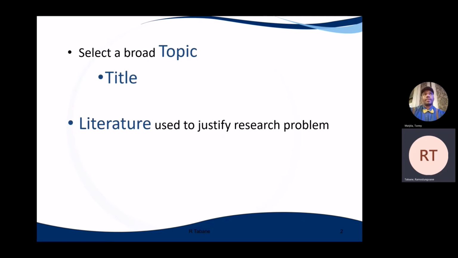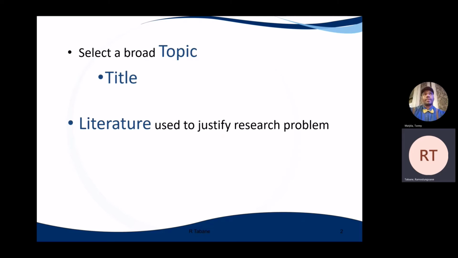But then you are going to look for something specific in that COVID topic, the effects of it in 2021. Then you say to yourself, okay, my interest is in the effects of COVID on high school learners in 2021.